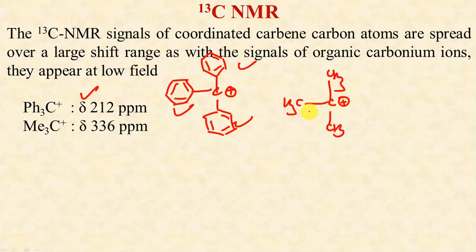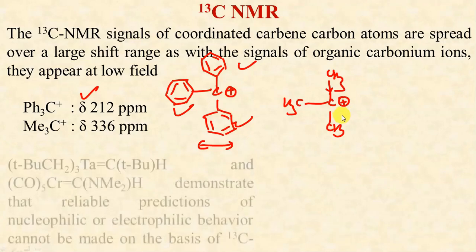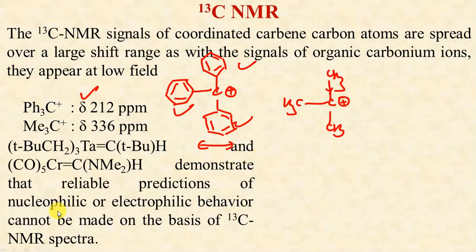So in the first case there is delocalization of the charge, and due to that distribution we will not get large shift values, and in this case the positive charge is reduced due to the plus I effect of the methyl substituents, and that causes again a very large shift or very weak signal in C13 NMR spectroscopy. So this is the reason: there is a very large chemical shift, which is represented by delta.